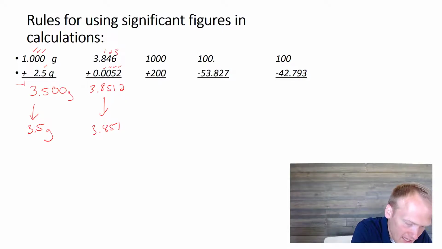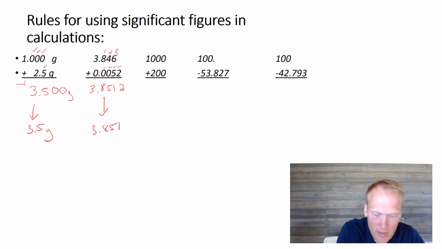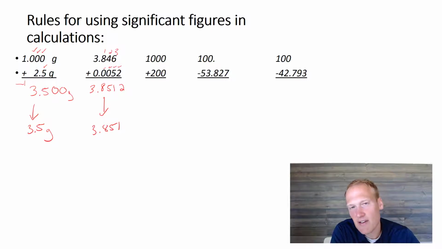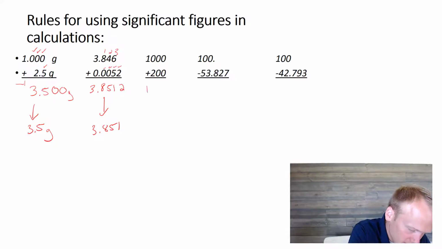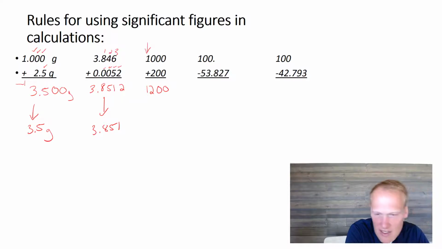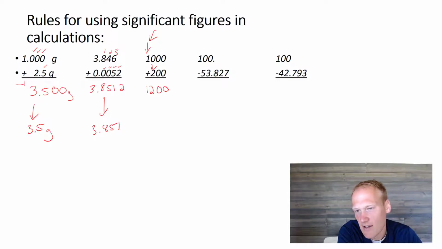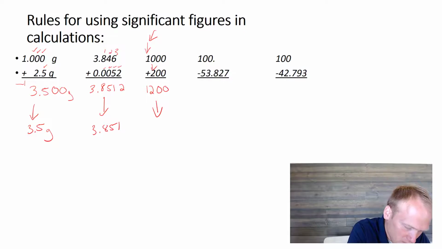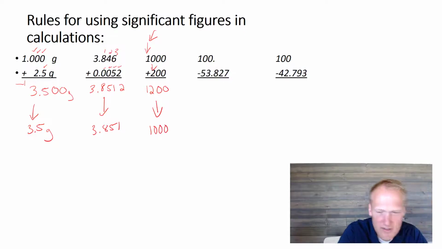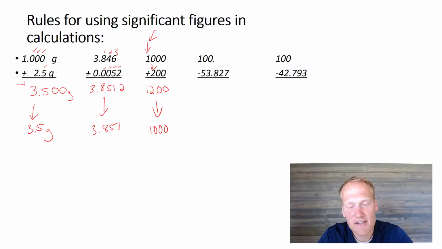Okay, things can get trickier. 1,000 plus 200 seems like a very basic math problem, but the issue is significance. We have significance to the thousands position here and the hundreds position here, meaning that we can only have digits to the least precise number, which would be the 1,000, and therefore this would round back to 1,000, which is just like all kinds of frustration, right?